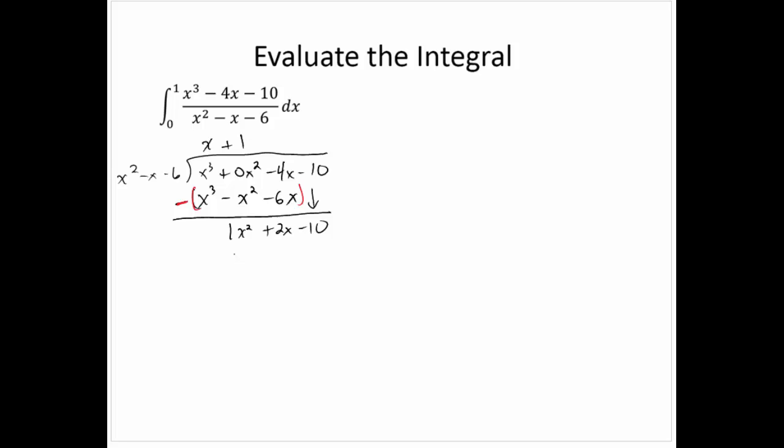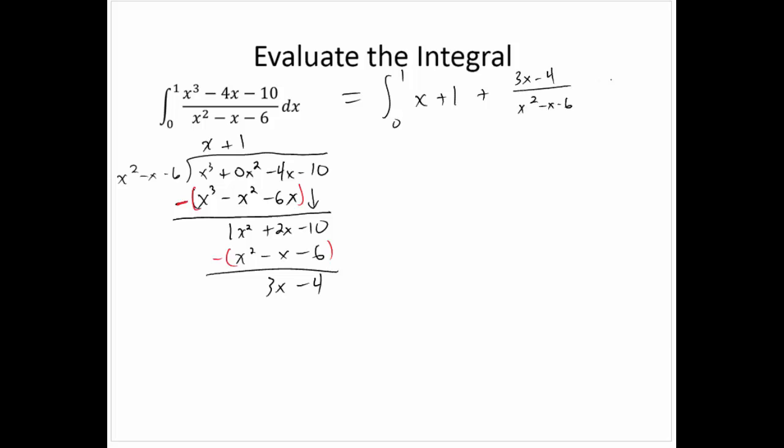That's a 1x squared, a minus x, and a minus 6. Subtracting gives us a 3x and a minus 4. All right, so this integral becomes then the integral from 0 to 1 of x plus 1 plus 3x minus 4 over x squared minus x minus 6 dx.